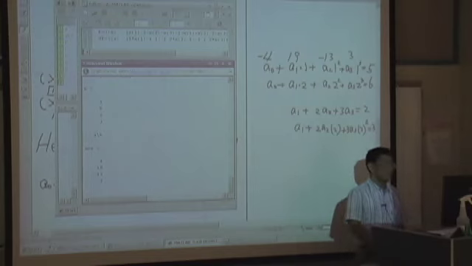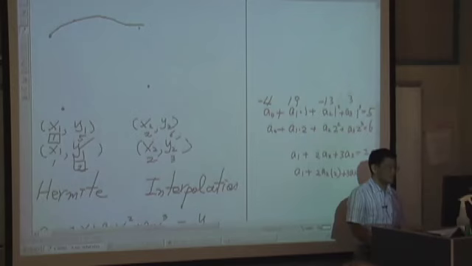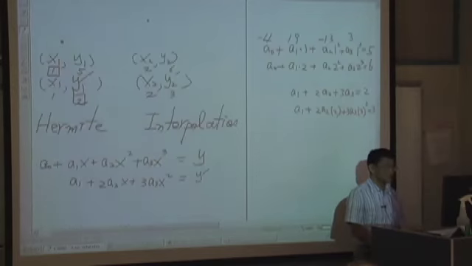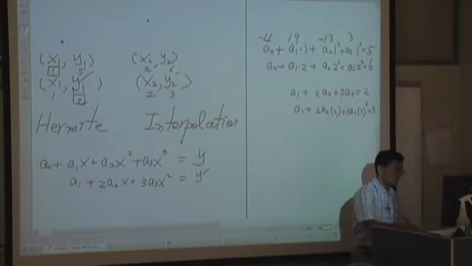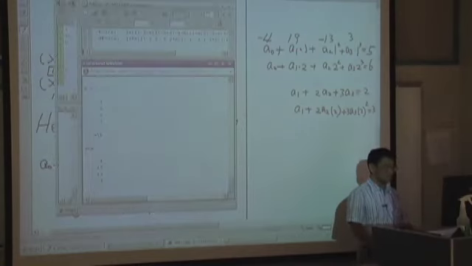So the polynomial is this one. This is the polynomial. Let's write it here. y equals negative 4 plus 19x minus 13x squared plus 3x cubed. So I will implement this function.